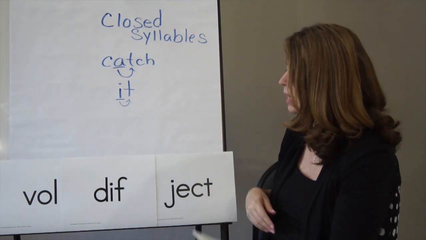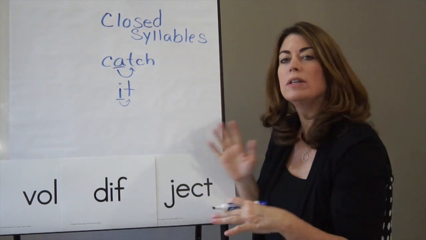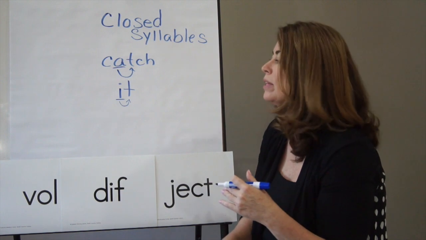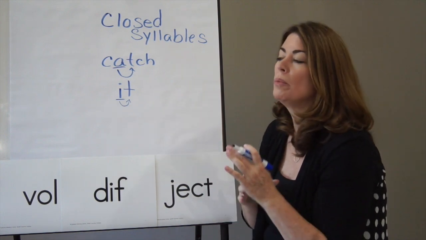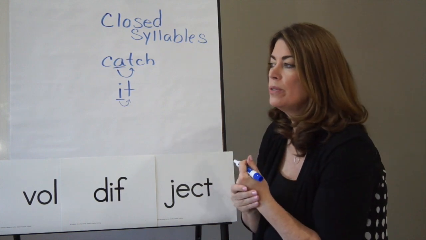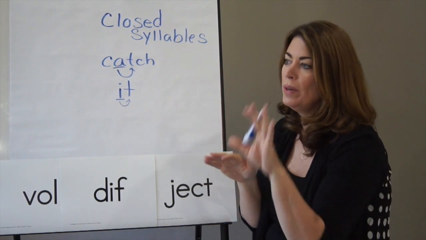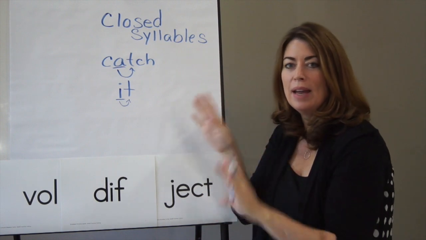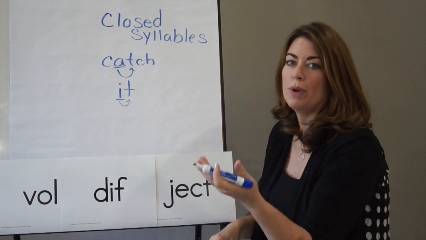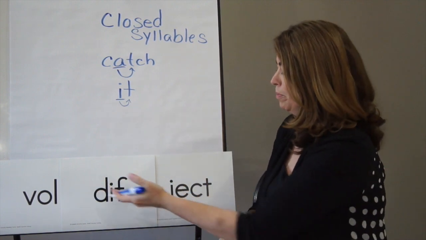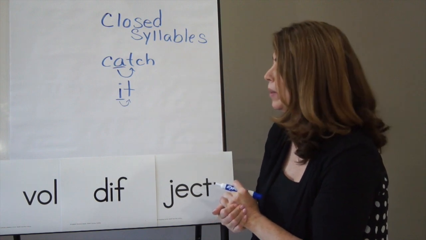What they're realizing is that words are just chunks that move around, and eventually they'll start noticing prefixes and suffixes, and we'll be teaching them roots, and so they'll see, oh, unicorn, unicycle, uni means one, and how these things relate to each other, because ject means to throw. So this could mean just throw your vol diff, whatever a vol diff might be. I have no idea.